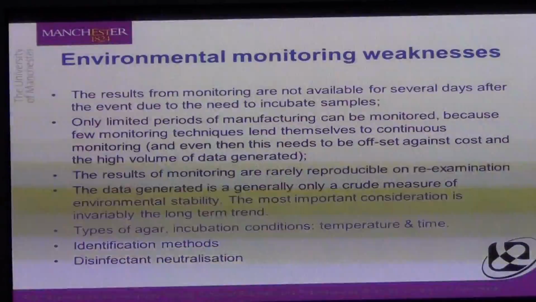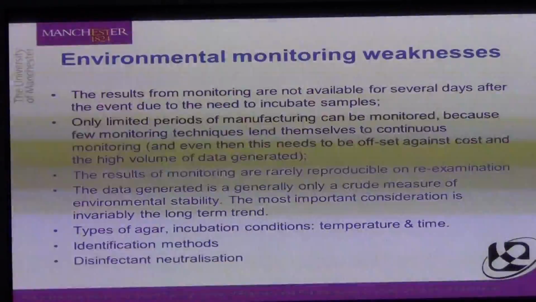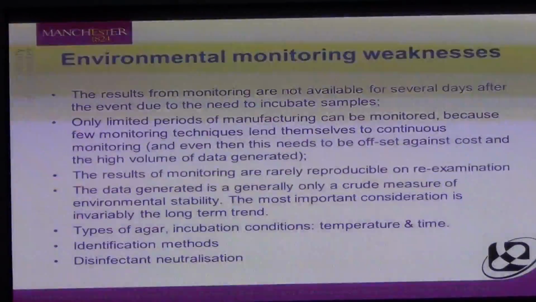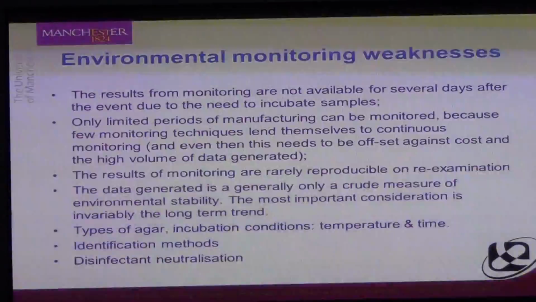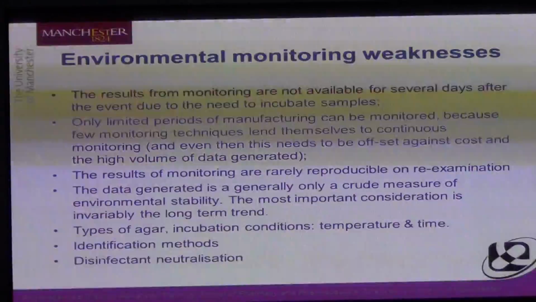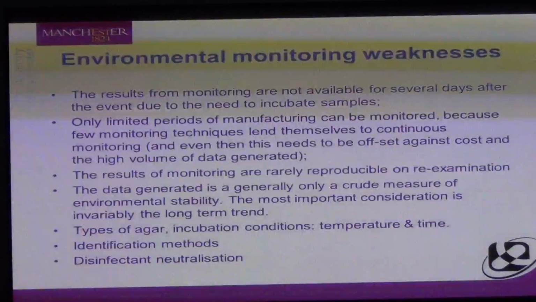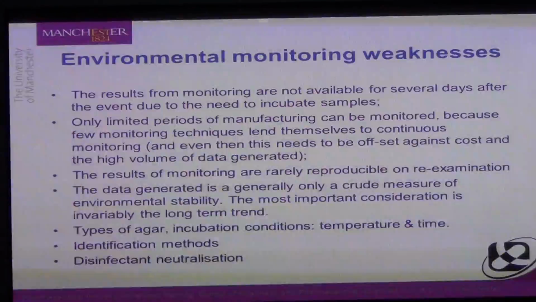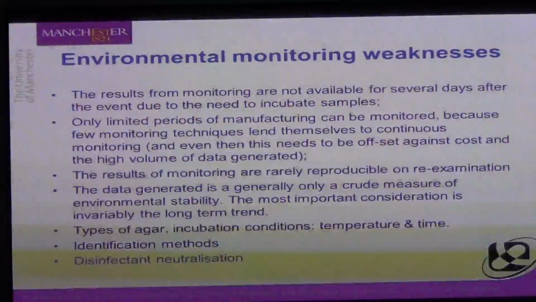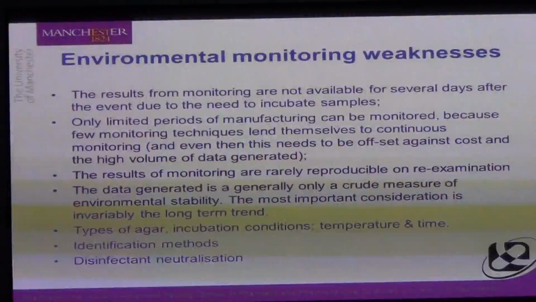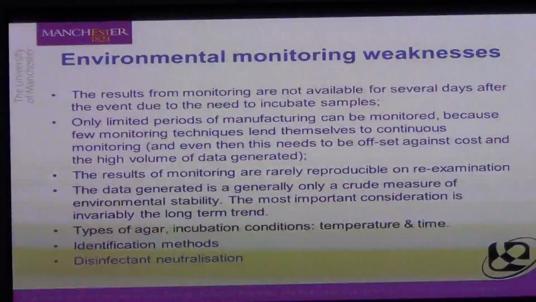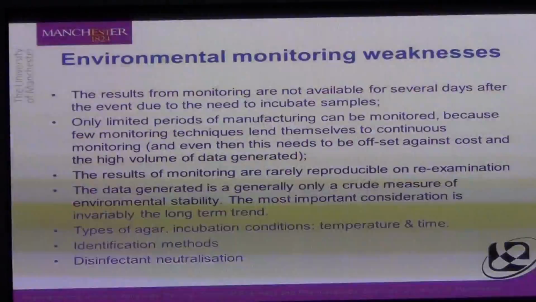There's also weaknesses with the types of agar. If we use different agars, we get different results because different microorganisms like growing on different agars. There's also different incubation conditions that will encourage different types of microorganisms to grow at different rates. So here we have temperature and time. Then if we find something growing on a plate, the identification method we use and the database that forms that identification technique may well give us a different result.